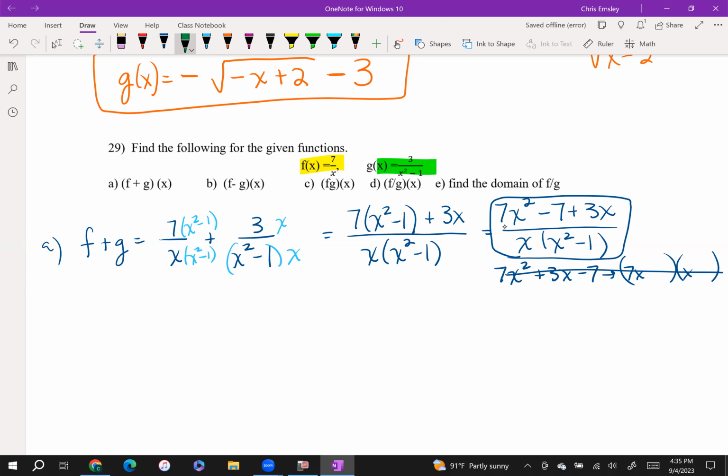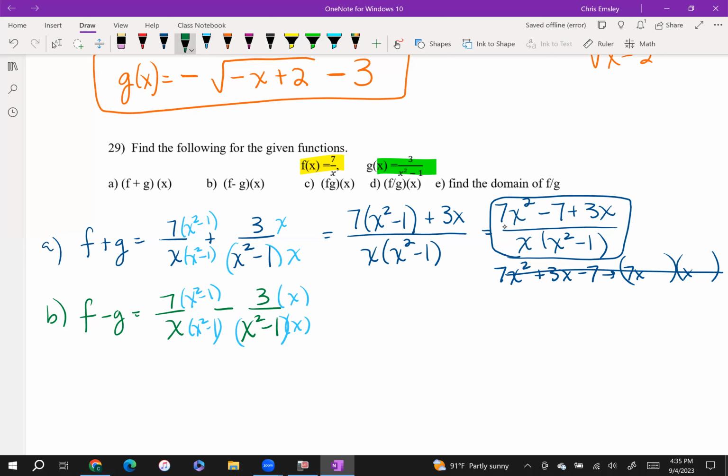Part B, we want to look at the difference of those 2 functions, which is going to be super, super similar because we need that same common denominator. Only difference is we're going to subtract in between instead of add. So we do still want to multiply in the x squared minus 1 on our first fraction and the x on our second fraction.